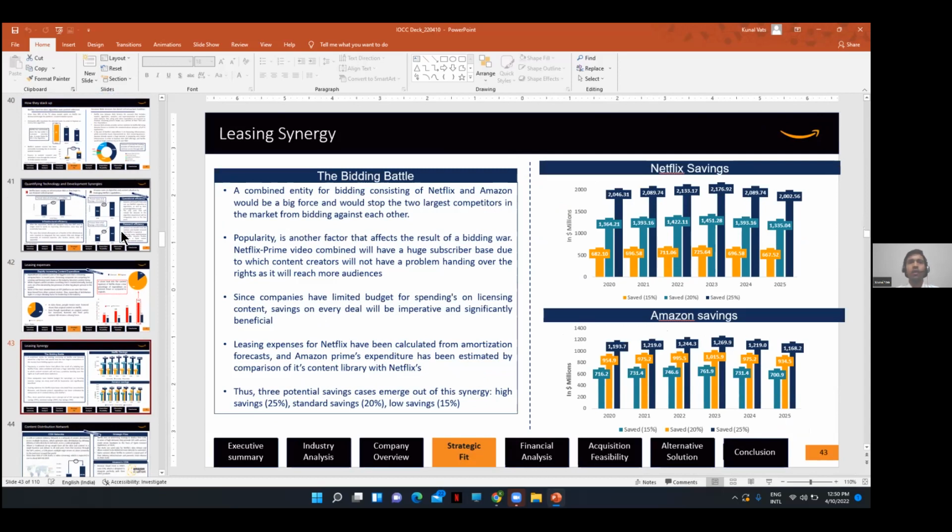We have calculated three scenarios: base case, low case, and high case. On the right, we try to understand the kind of savings that can accrue to Netflix and Amazon. So this is definitely an advantage of a bigger entity: you get a bigger say in the market and can have reduced leasing expenses as opposed to when you were just one entity in the market.